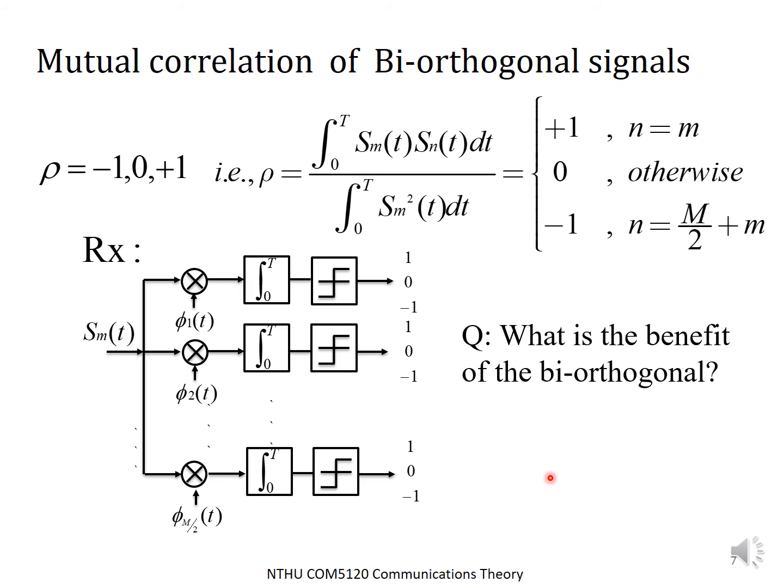Here we can see the benefit of the bi-orthogonal signaling. It is the system complexity, right? It saves 50% because we reduce the number of bases. So the system complexity is greatly reduced by the bi-orthogonal signaling concept.